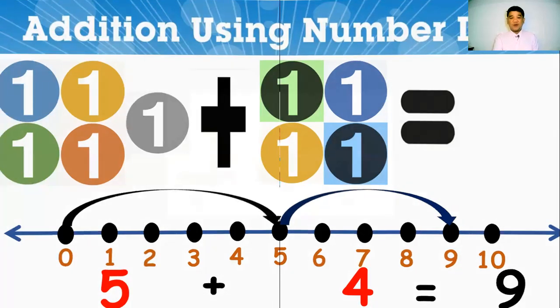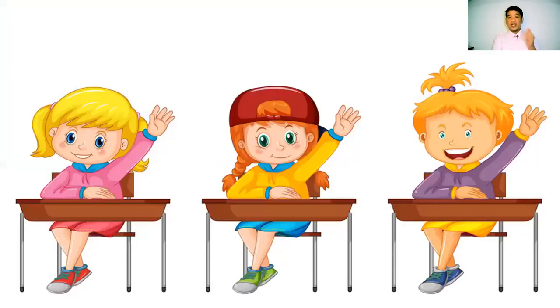Okay, so since you agree that it's very easy and now you know how to count the numbers, how to add the numbers using the number lines, now let's have 3 questions. Okay, are you ready? All right. Okay, given number 1, let us check the first object.